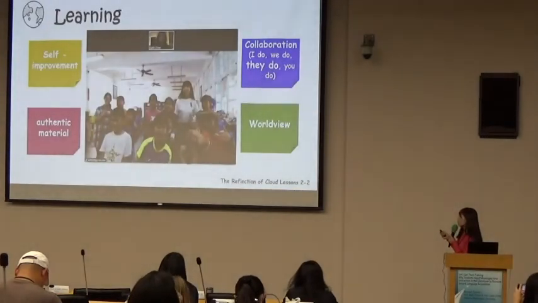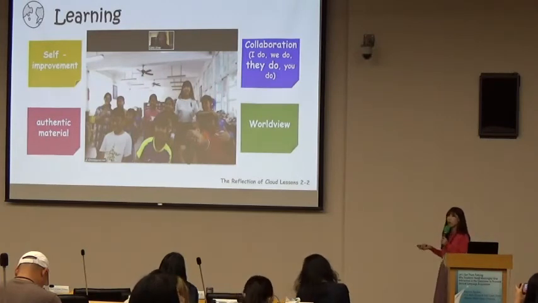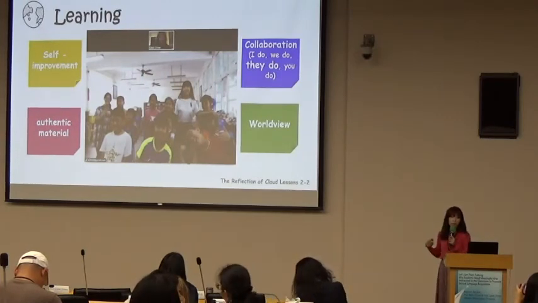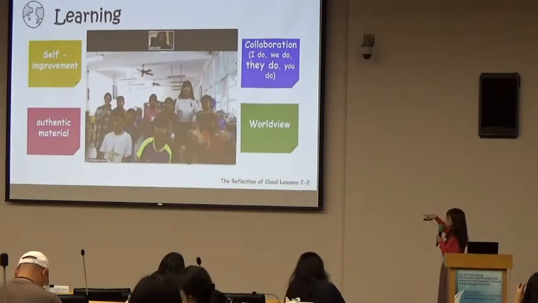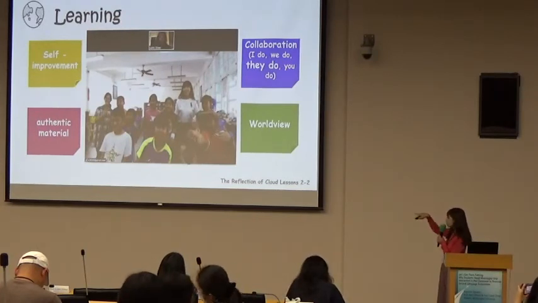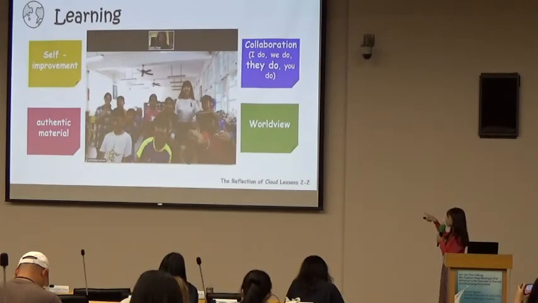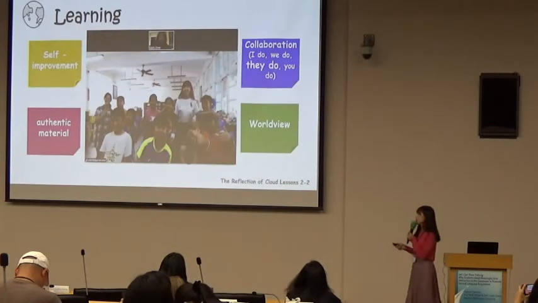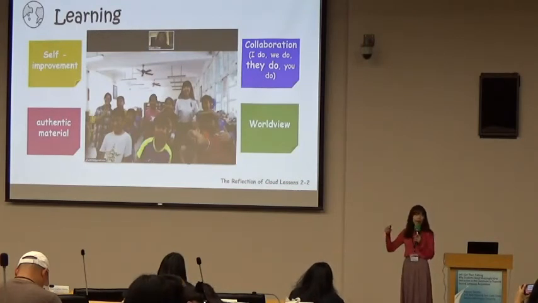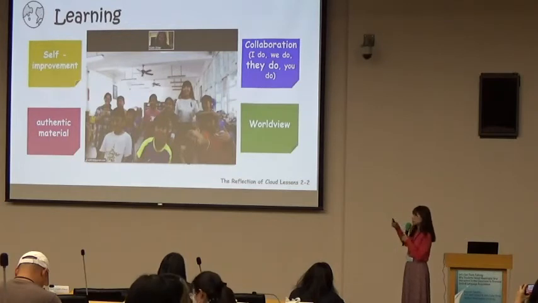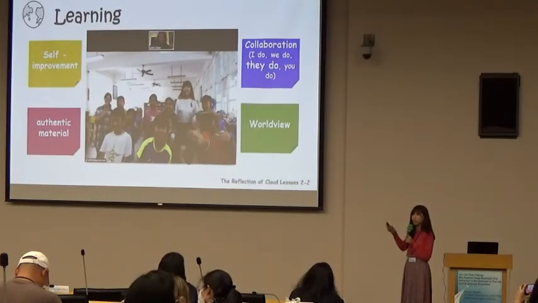And the learning part, I think both I, being the teacher, and the students improved a lot in English learning. Here I just want to focus on authentic materials, collaboration, and world view. For the authentic materials, we use realia like school supplies to show them, and Caleb brought us school supplies and pictures from America.